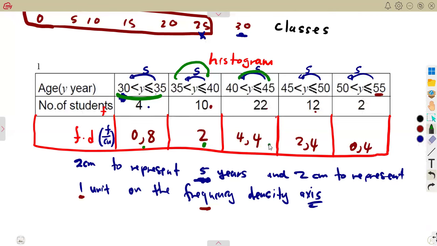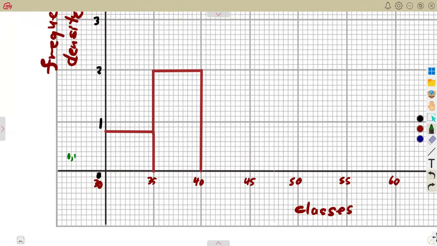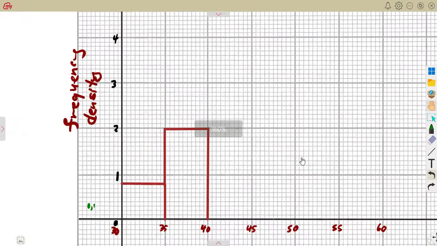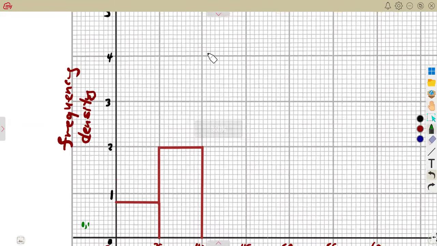40 to 45 versus 4.4. So again, we need to count at 4.4: 4.1, 4.2, 4.3, 4.4. These small boxes going up there to 4. Remember, it's 0.1, 0.2.